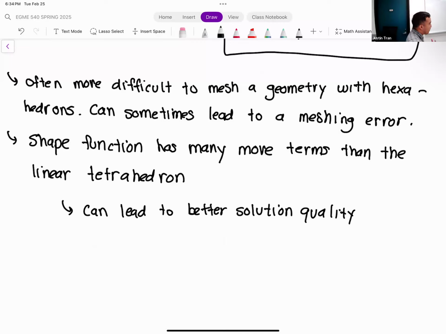Particularly in cases where you have complex loading, where you have complex dependencies in your solution. So there's a lot of cross dependency on 2 variables at the same time. So the linear hex is going to flourish in those cases.